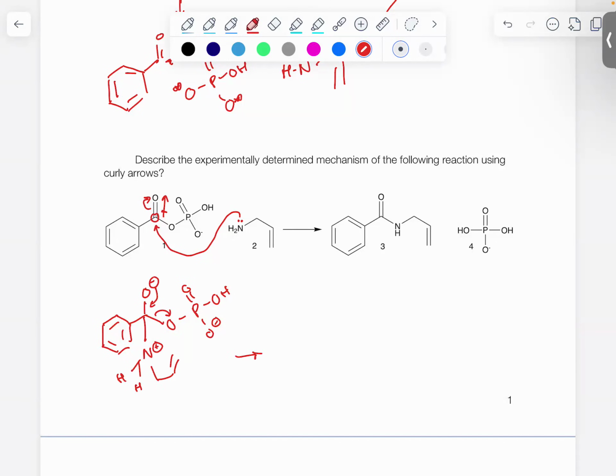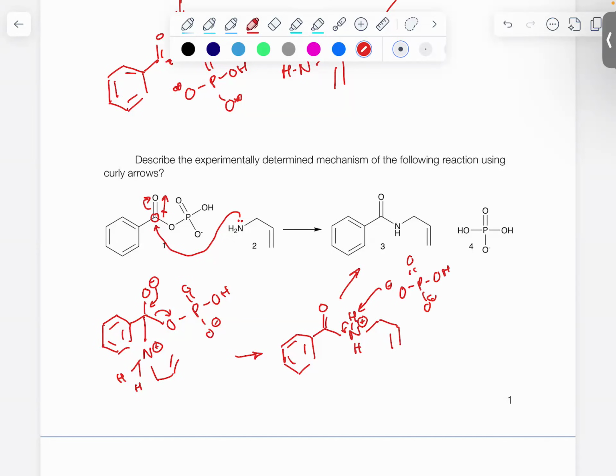And now we will have what is called the collapse of the tetrahedral intermediate, forcing the loss of our leaving group. This leaving group can then pluck off one of those protons, and that gets us to our neutral ending point.